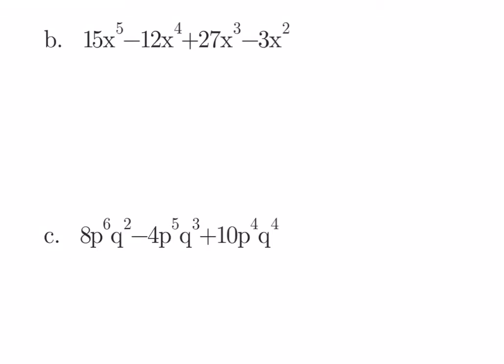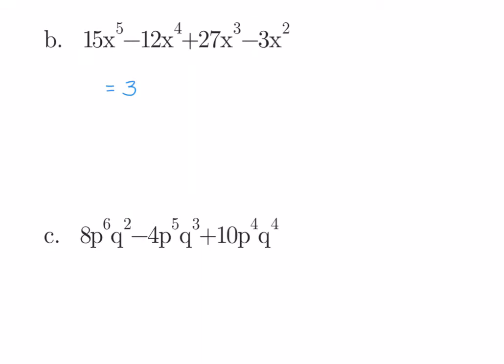So let's go ahead and start with the numbers. 15, 12, 27, and 3. My greatest common factor is 3. All of these numbers are divisible by 3, and nothing larger will divide into all of them. For my x's, what is the most that they have in common?